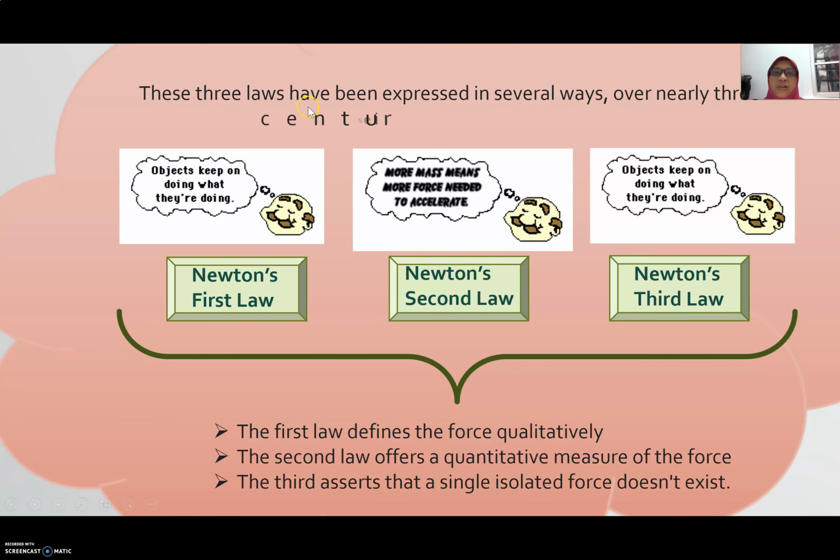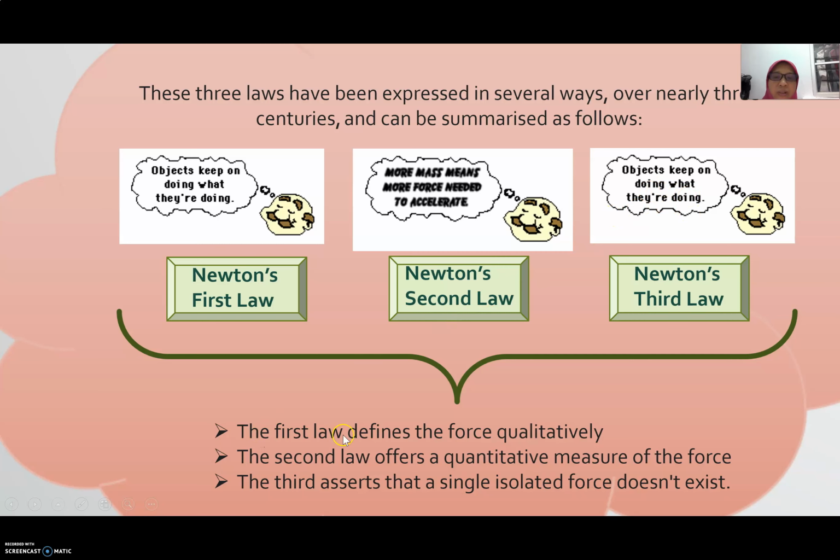So these three laws have been expressed in several ways over nearly 3 centuries and can be summarized as follows. For Newton's first law, objects keep on doing what they are doing. In Newton's second law, more mass means more force needed to accelerate. And in Newton's third law, object keeps on doing what they are doing.